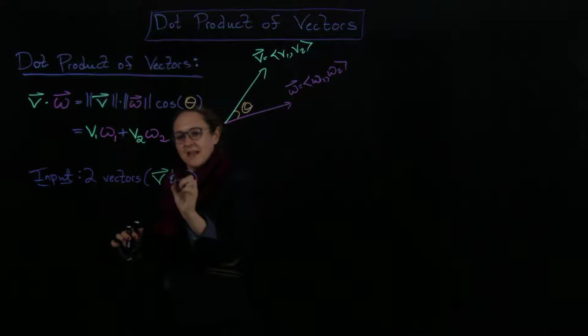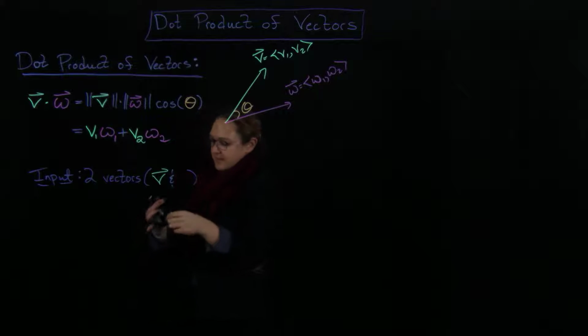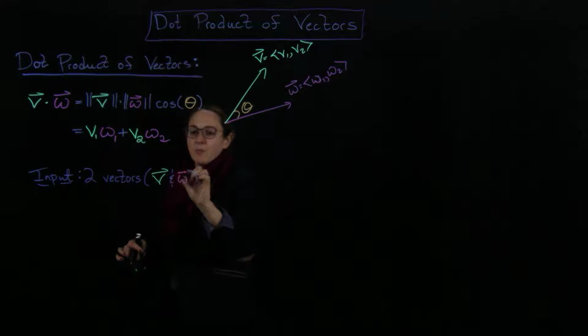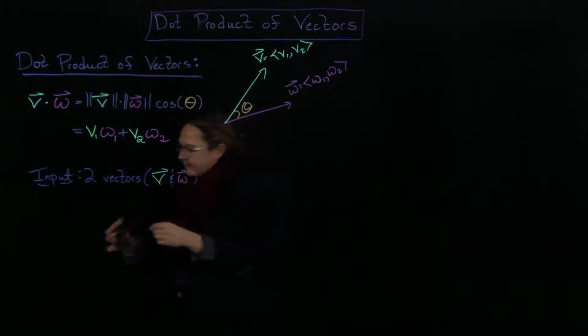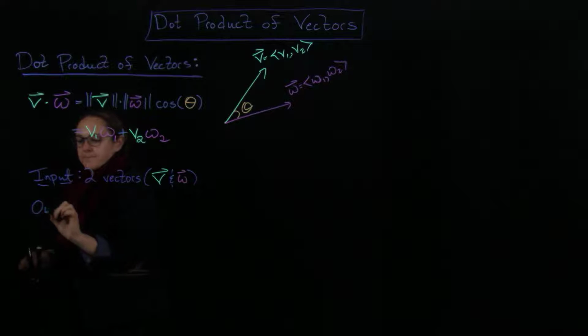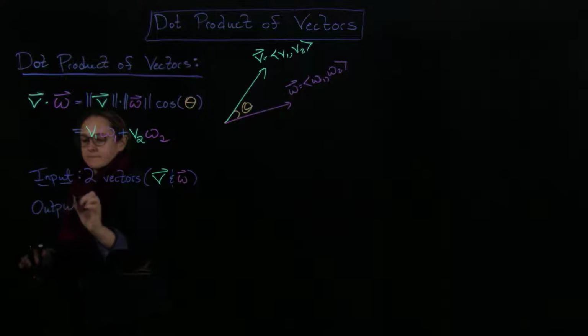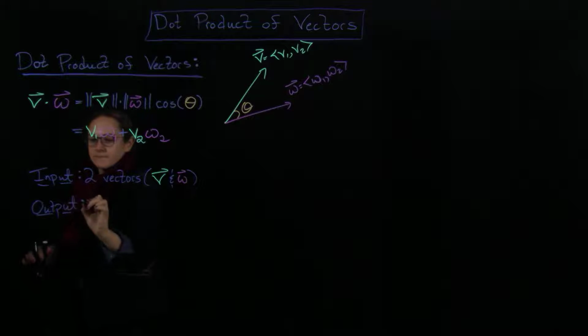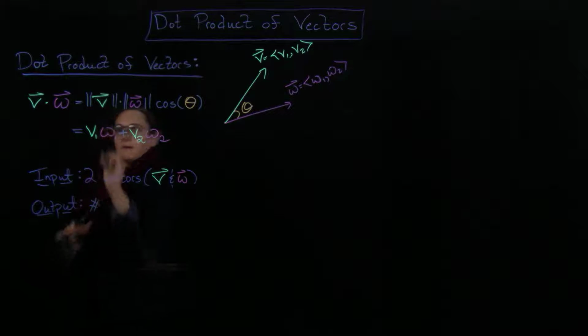So v and w are the two vectors that I'm going to be inputting. And then my output is going to be a number. What number is it?